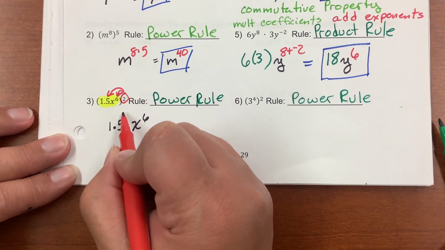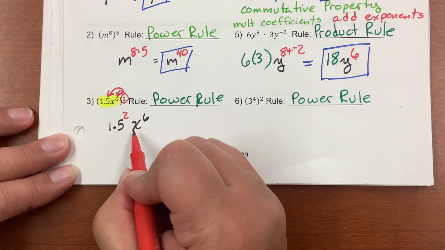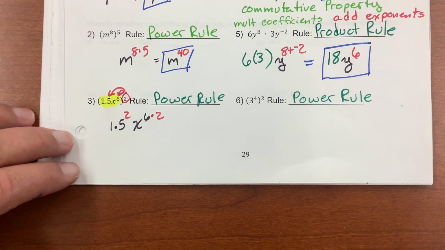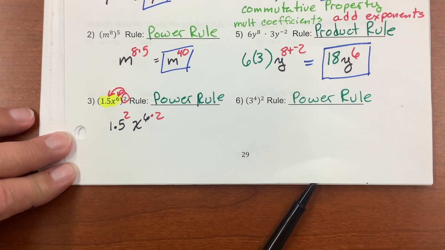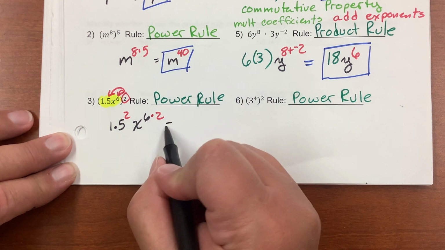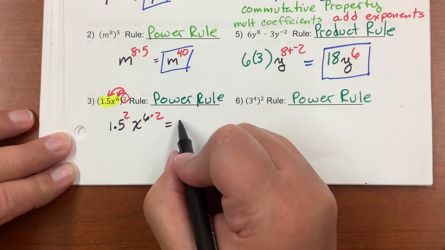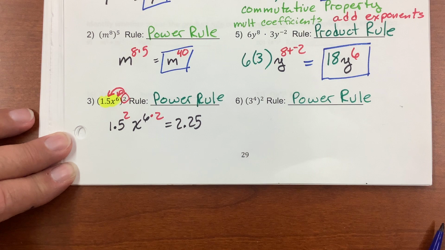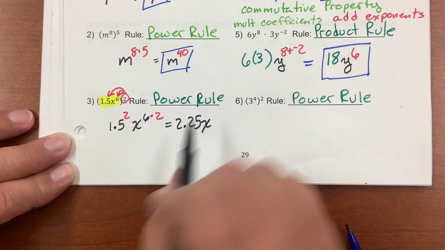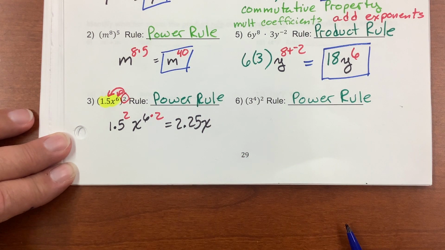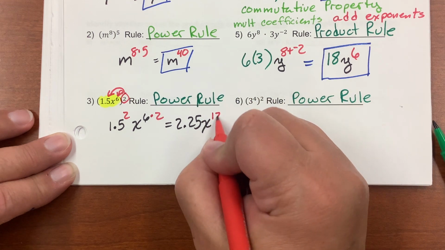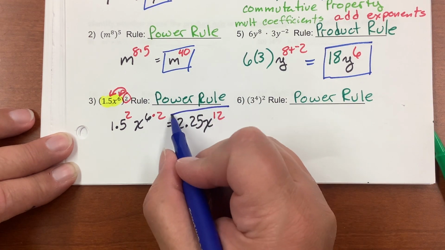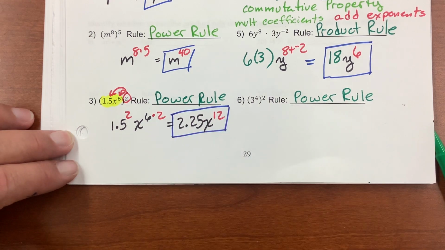So 1 5/10 squared x to the 6th times 2. So I'm distributing my exponent. Well, 1 5/10 squared is 2 25/100. Keep the base x and multiply the exponent. 6 times 2, 12. So I get 2 25/100 x to the 12th power.